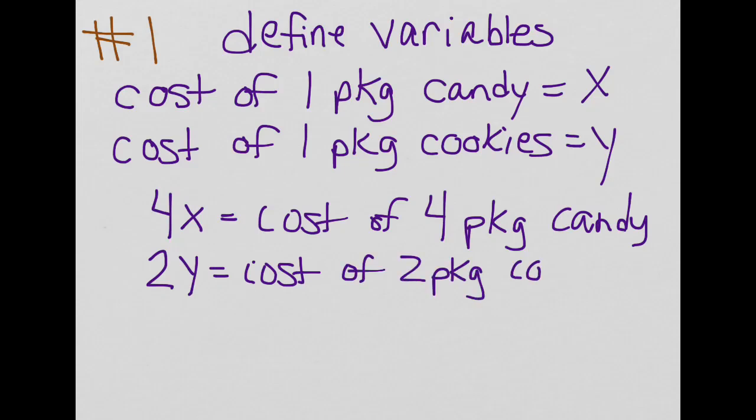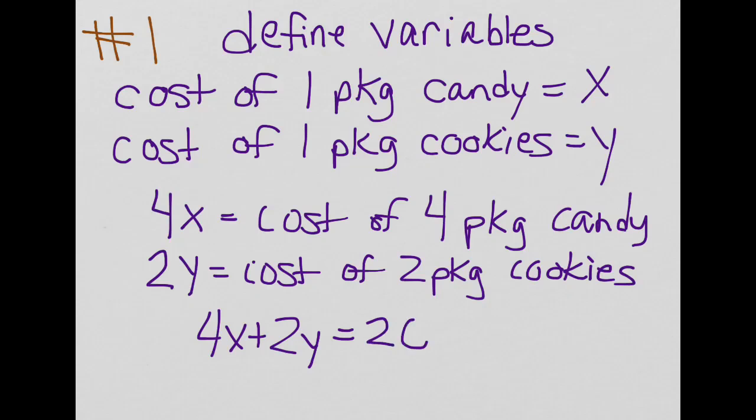Now, if you go back to look again at the very first sentence, it said that 4 packages of candy bars plus 2 packages of cookies equaled $20. Well, we know that 4x is the cost of 4 packages of candy bars, and 2y is the cost of 2 packages of cookies. So 4x plus 2y is going to equal $20. And that's our first equation.